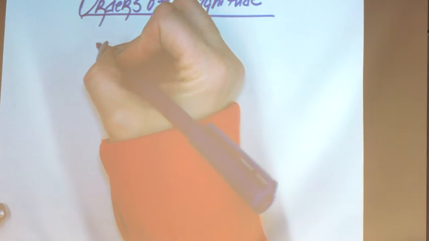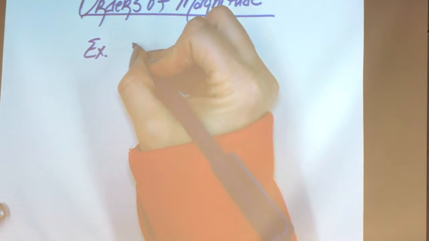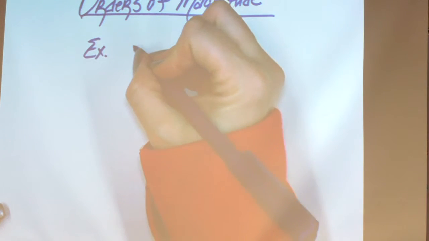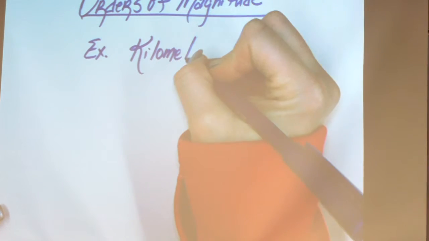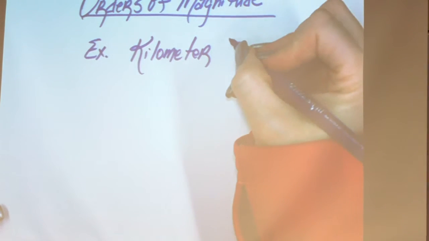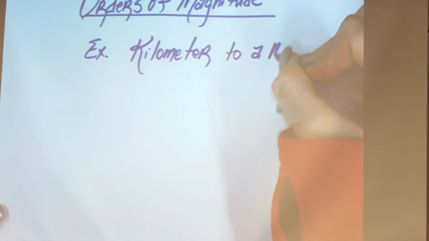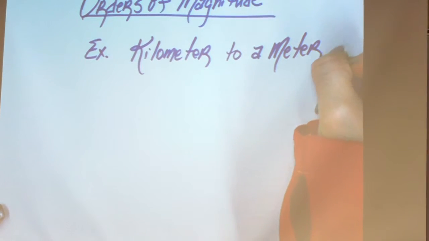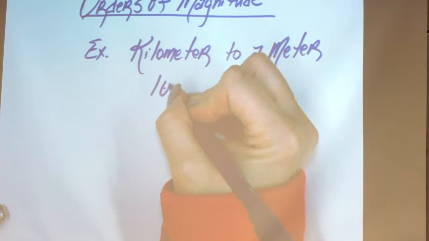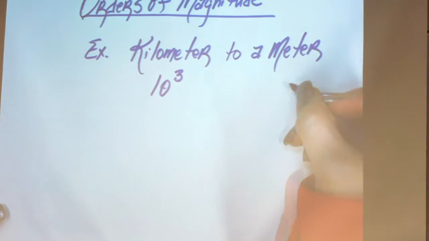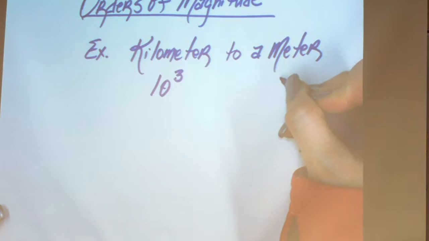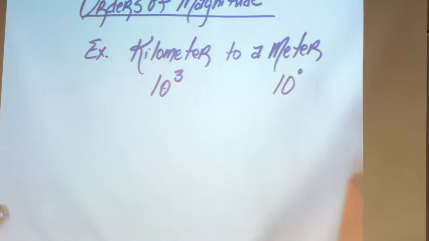So one example is a kilometer, and we want to compare that to a meter. A kilometer is 10 to the 3rd power, whereas a meter is 10 to the 0 power.